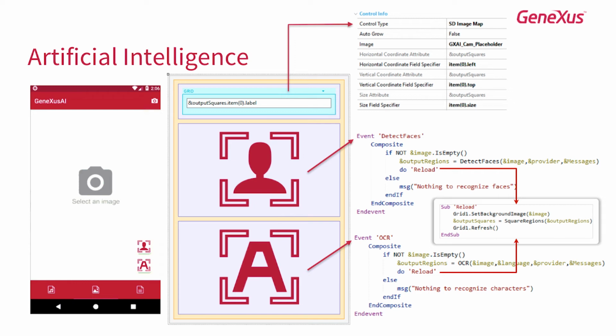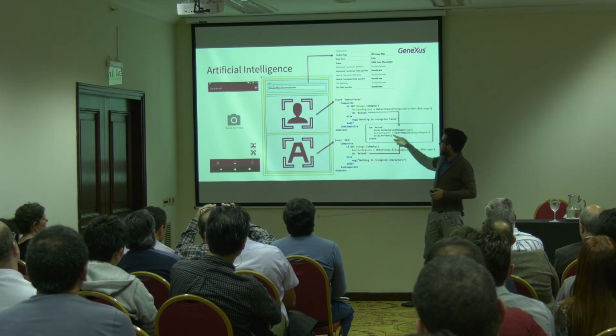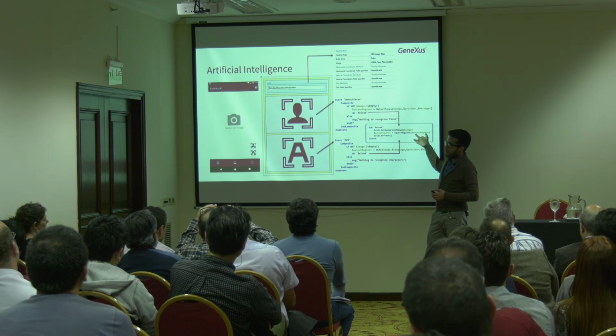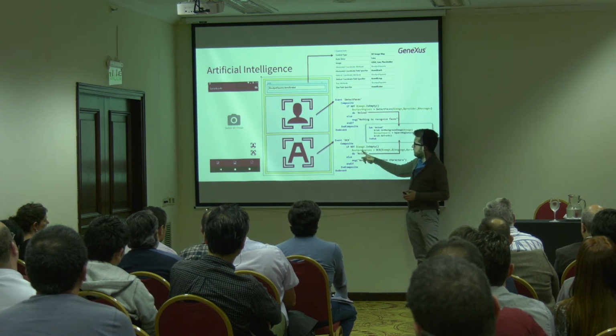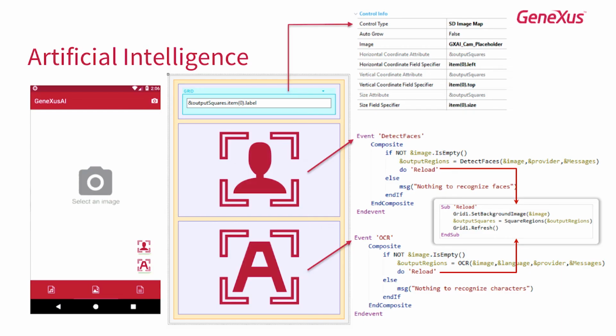I set the image as background in the grid, and here I do a transformation. I transform the rectangles that these solutions return into squares, as I said, for the time being, we have this limitation. In the web, it's so flexible. You can draw rectangles with the user controls.